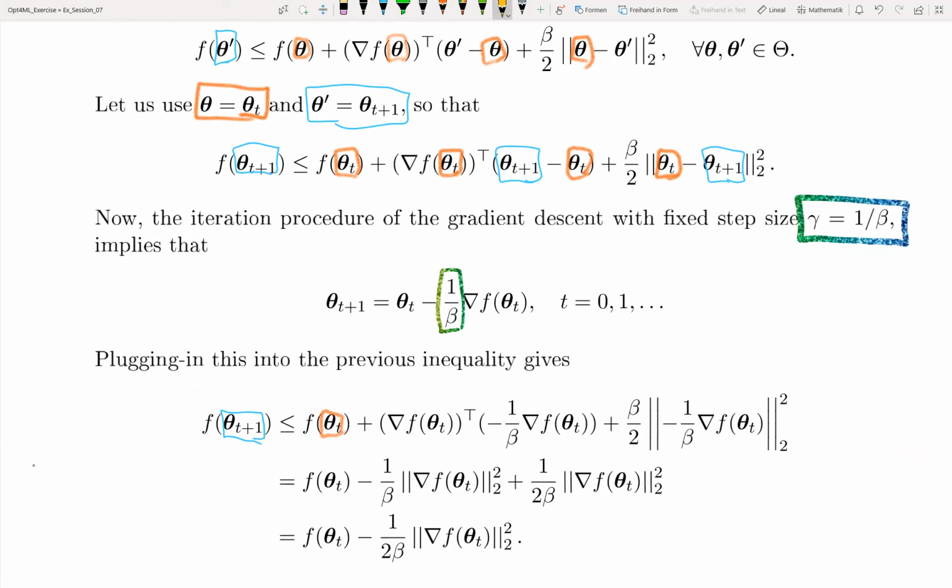But then, if we look at this here, what do we have? It's telling us theta t plus 1 minus theta t. This is minus 1 over beta times the gradient at theta t.